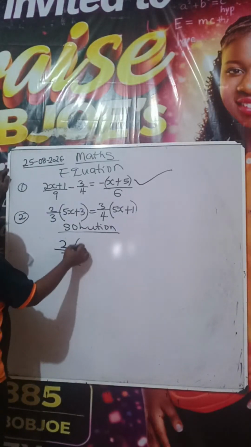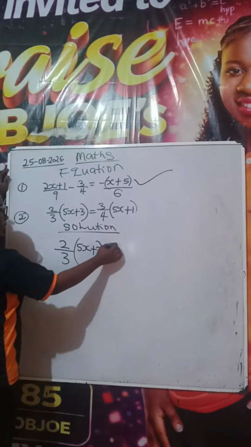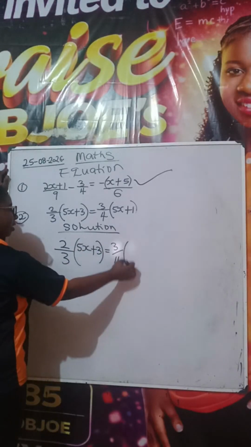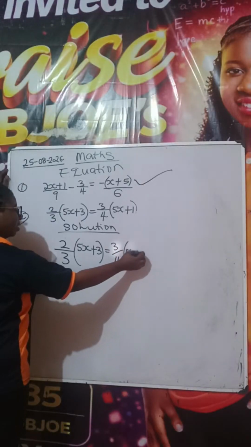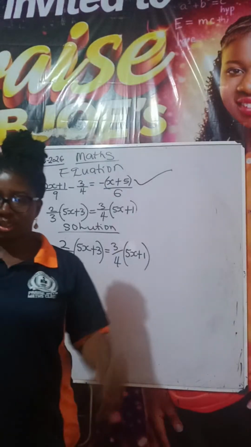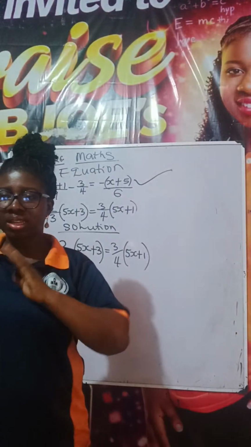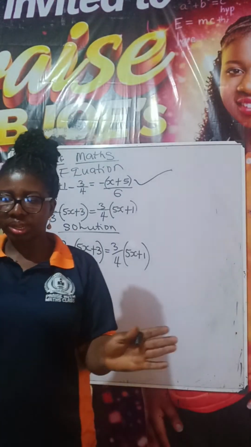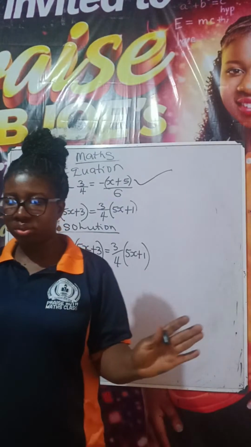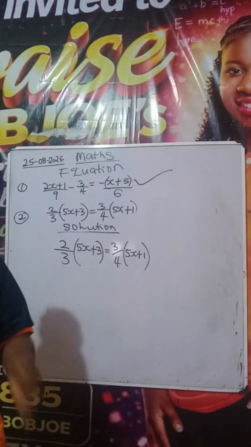I'm trying to bring it out for you. 5x plus 3 equals to 3 over 4, then 5x plus 1. If you are asked to solve this one, can you do it? Let's talk our mind now, or we should do it together. If you can do it, good, then I'll leave it for you, then we go for break. But if you say no, that we should do it now, then we do it now.